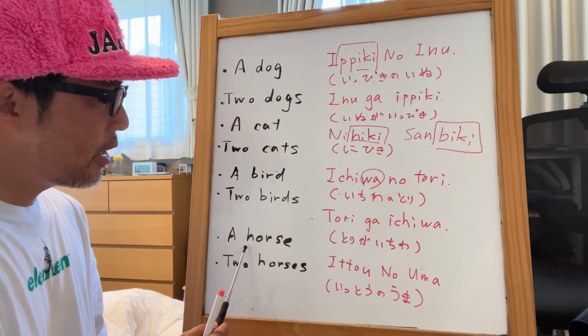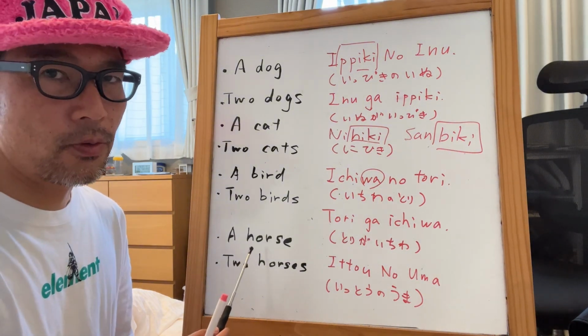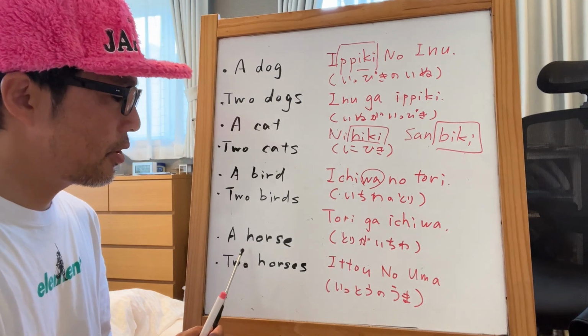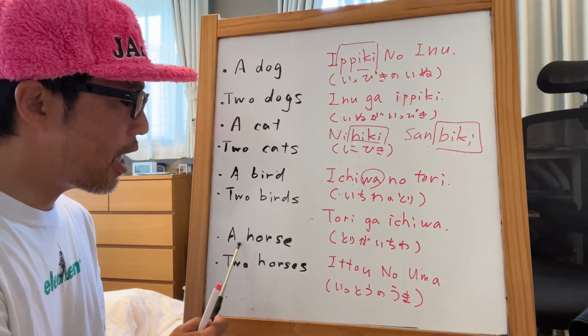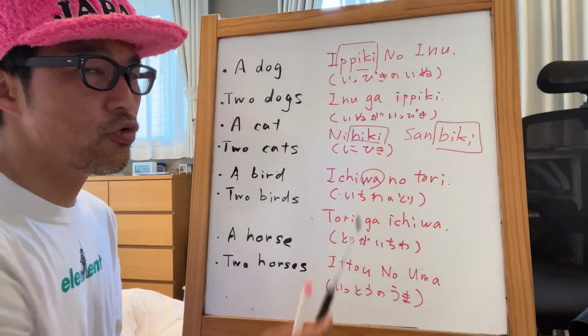And we have one more different way to count animals. If you want to say a horse, you cannot say 1匹の馬.